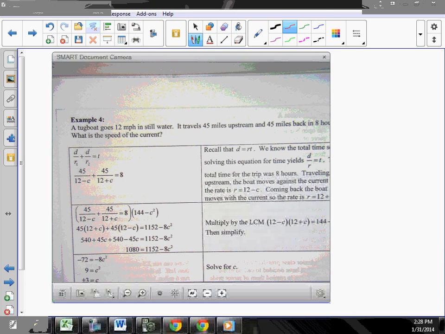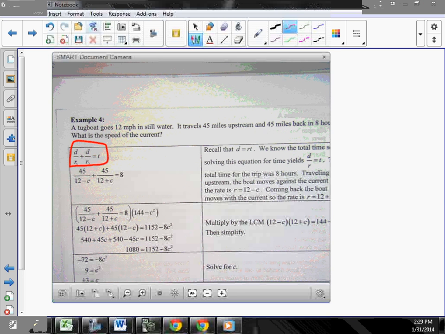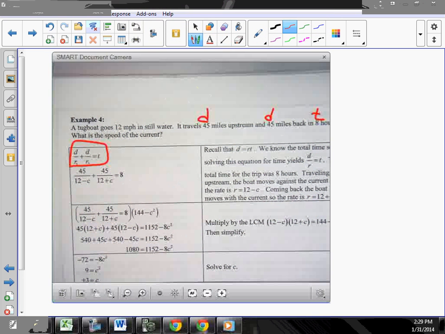So this formula is similar to the one we just did. The distance divided by the first rate plus the distance divided by the second rate is equal to the total time. Does that make sense? So the distance is 45 miles, and the rate is 12 miles an hour in still water, and the time is t. So what are rate 1 and rate 2?